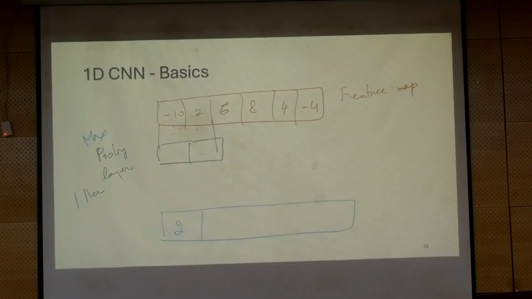Then, since you have already taken these 2 and combined them, you will move by a stride of 2. Because the size is 2, you will move by a size of 2. That means the starting point will move by 2 samples, and therefore your filter will now start here.